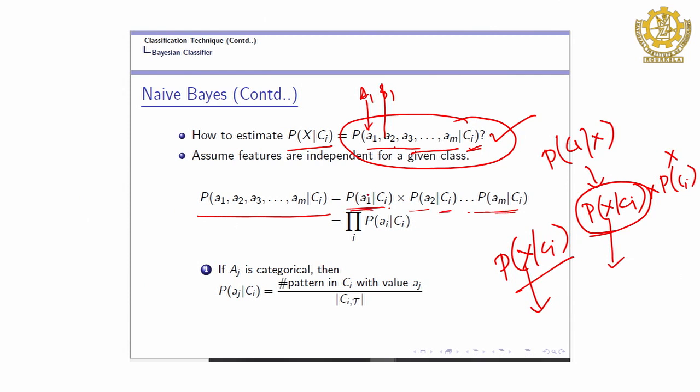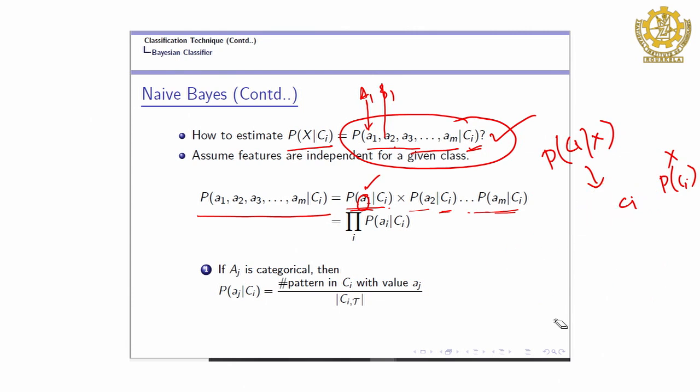This value can be categorical or continuous, as we learned data can be categorical or continuous. If it is categorical, life is very simple. What is the probability of A1 given C1? Let us say I consider the feature sex, with values male and female, and we have some class label here.